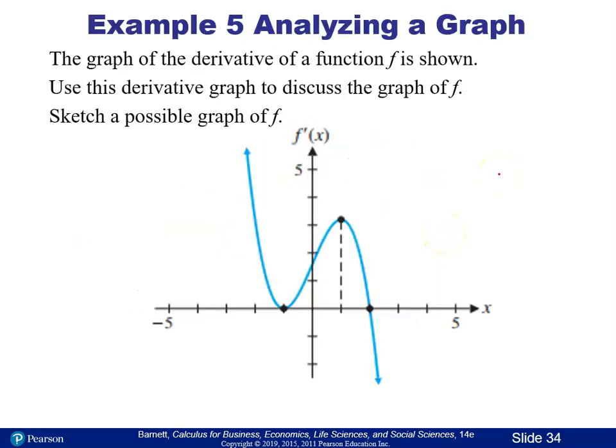Looking at this graph here, we're asked to find the characteristics of the original function f given this derivative graph. I'm going to write down some key characteristics here. Looking at this, we know that the derivative at -1 is equal to 0.